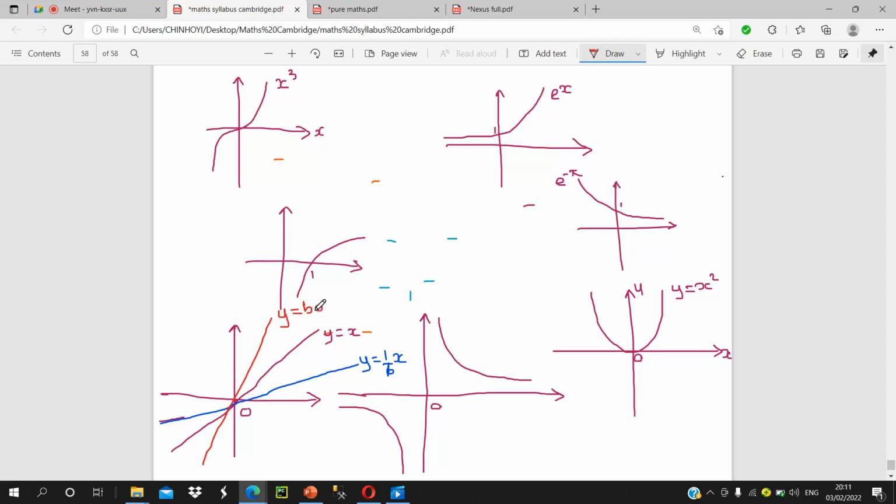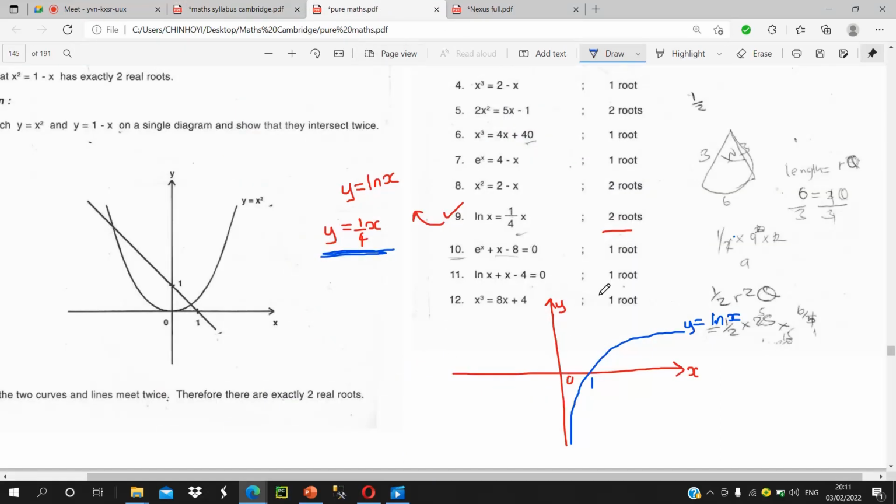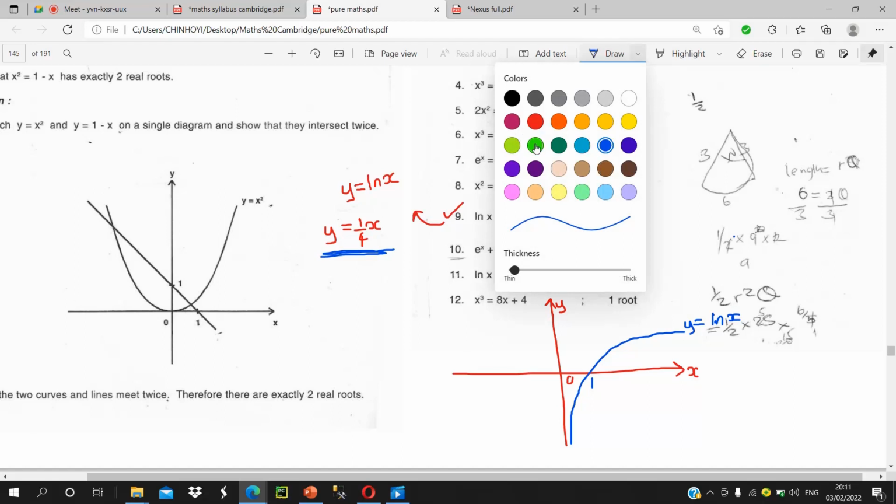Here it will be a positive integer, like the graph of y equals 3x, where 3 is a positive integer multiplying the x. So the graph will be in this form. And for a fraction, it will be this form. Or they pass through the origin and take the shape of y equals x, right? Yes. So let's draw. Let's try to draw here.